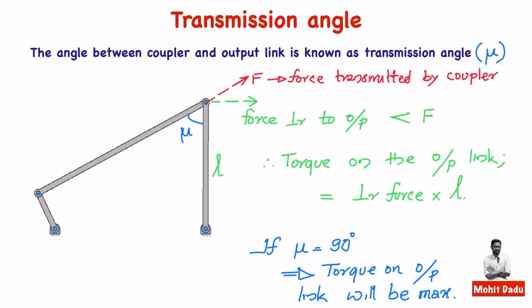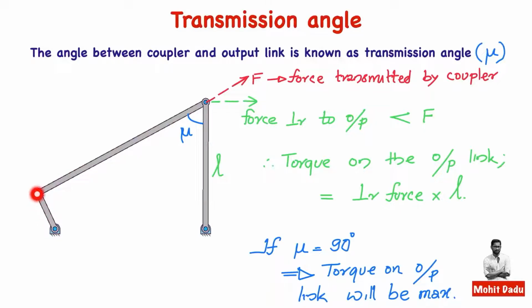And next we will define another important thing, which is the transmission angle. As already mentioned, the transmission angle is the angle between the coupler and the output link, denoted by mu. What is the importance of this transmission angle, that we will look at. Here the purpose of a mechanism is to transmit forces.